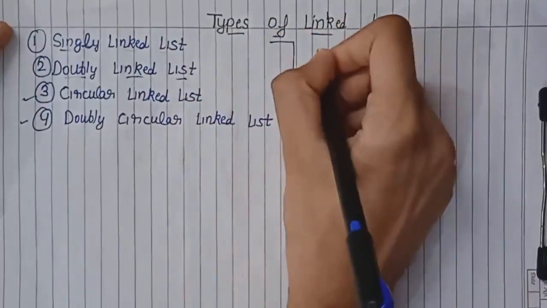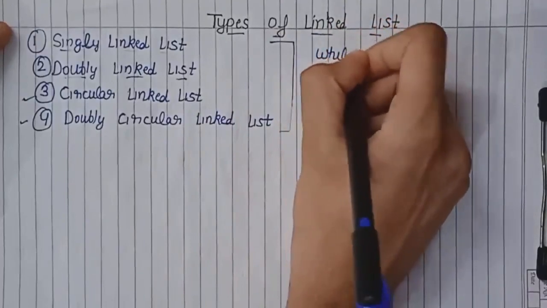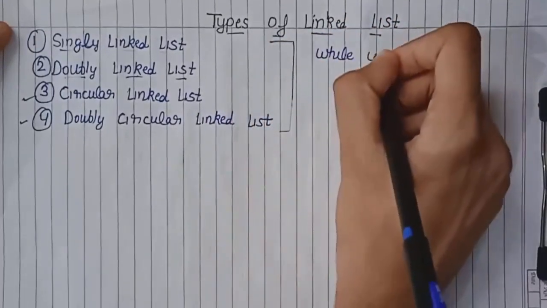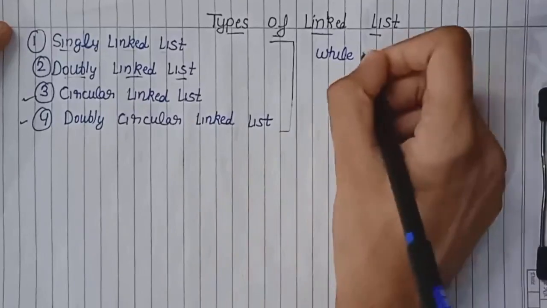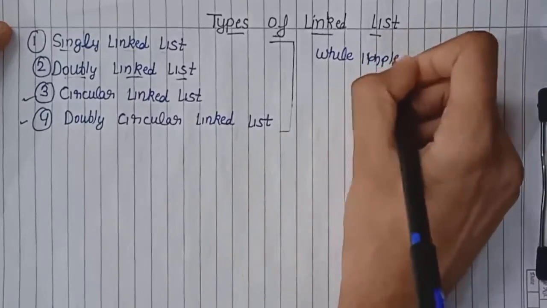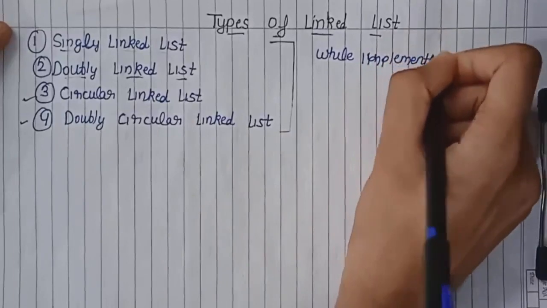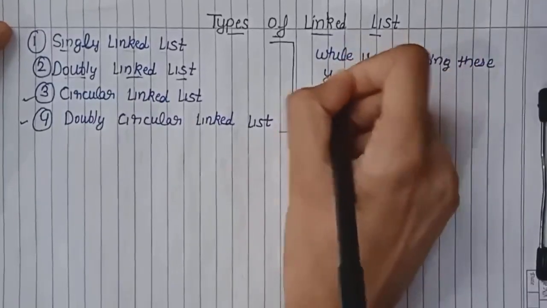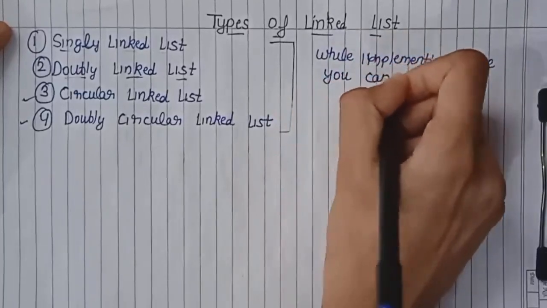What I am trying to say is that these are the basic levels of linked list, but while implementing these, you can modify them.